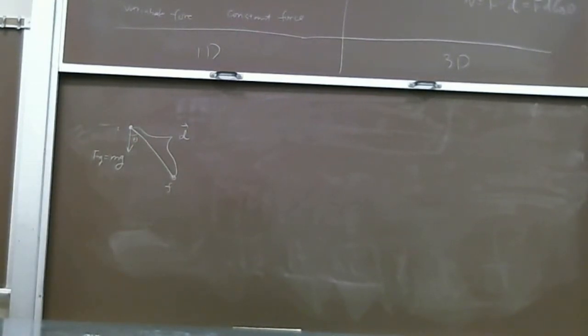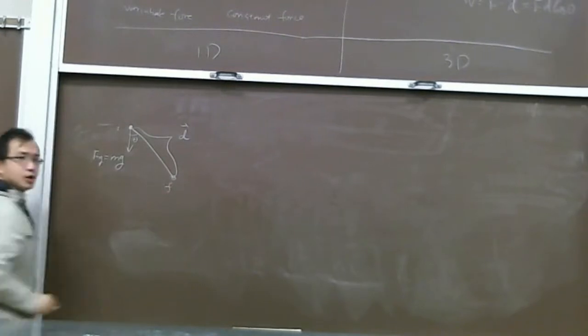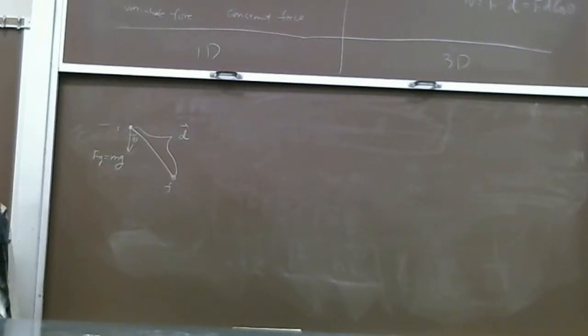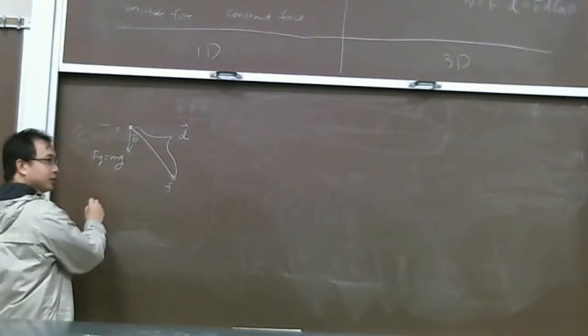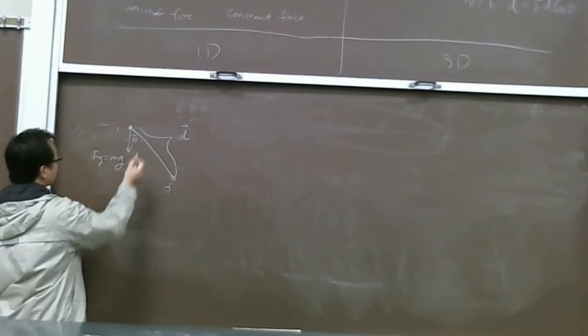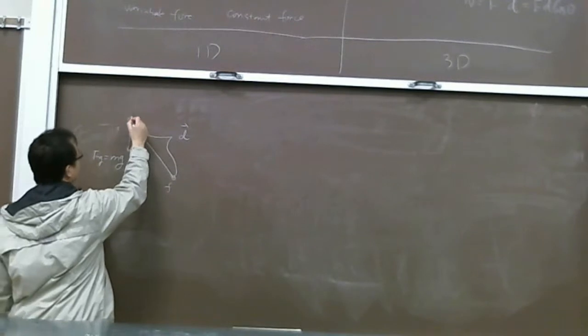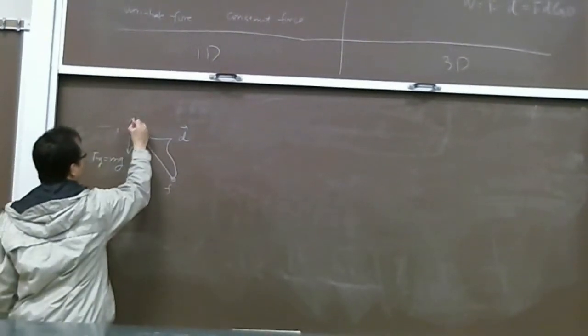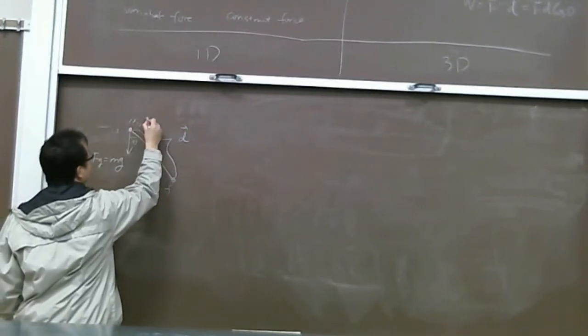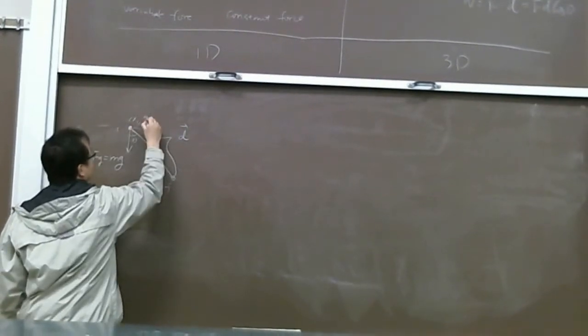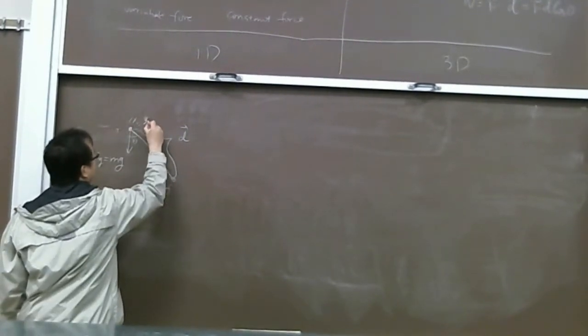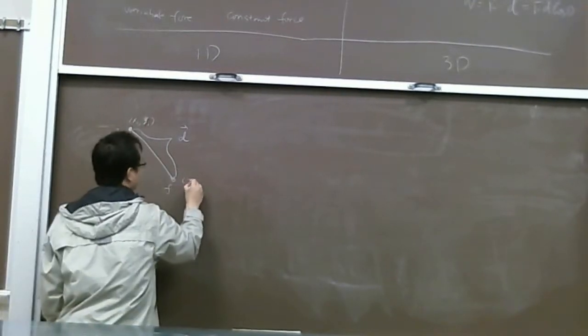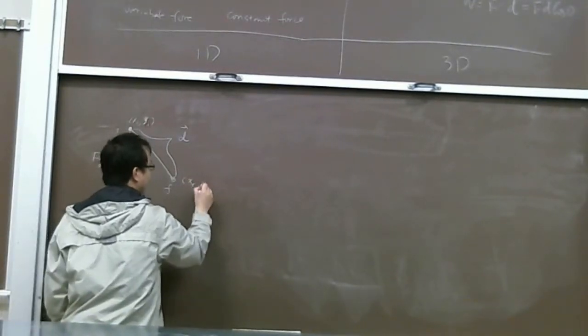Now, if we want to evaluate the work done by the gravitational force, let's say this is the initial position x_i, y_i. This is x final, y final.